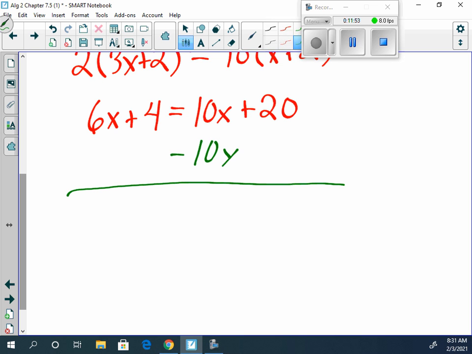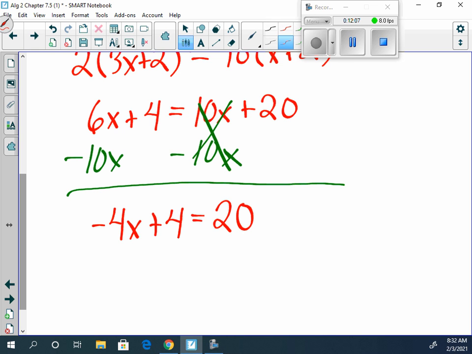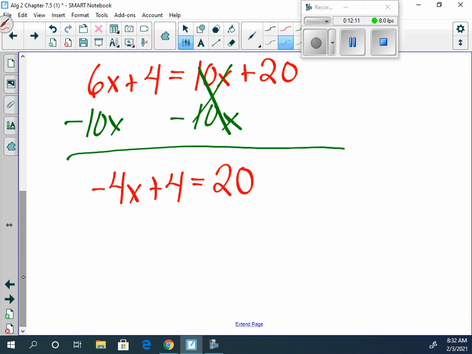Okay, we can subtract 10x from both sides. 10x minus 10x would cancel. 6x minus 10x will give us negative 4x, plus 4 is equal to 20. And then from here we can minus 4 from both sides.